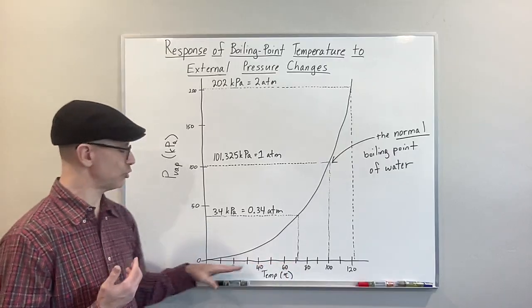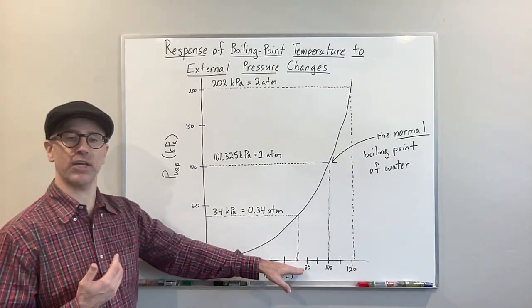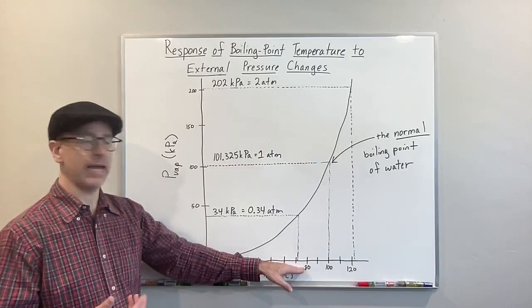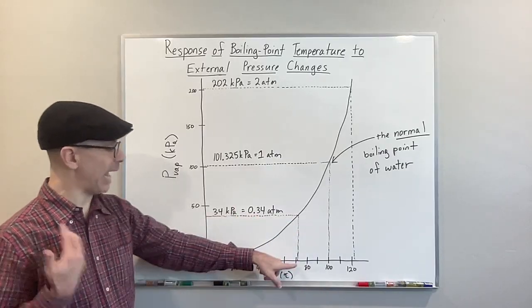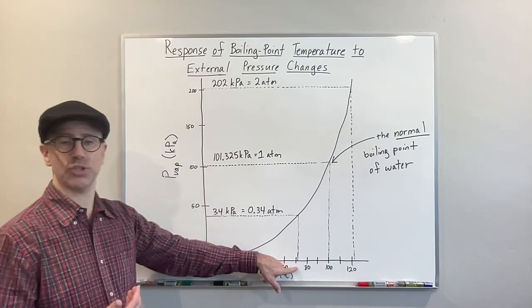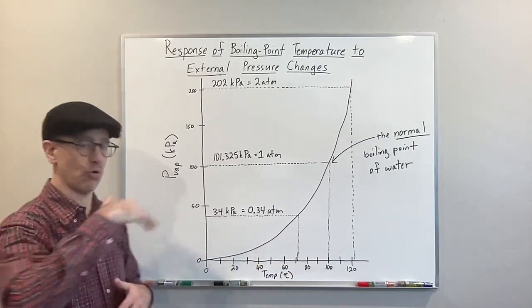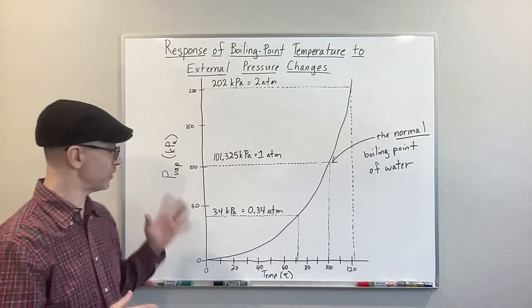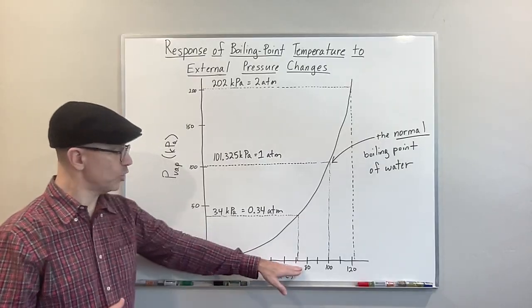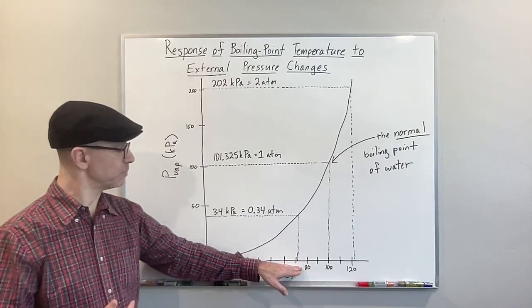So you would only have to raise the temperature to 72 degrees Celsius to get the water to boil, and then you can maintain that boiling at 72 degrees Celsius, right? Because the temperature is lower at that higher altitude, or lower atmospheric pressure, you're going to need to cook the food longer at that lower temperature.